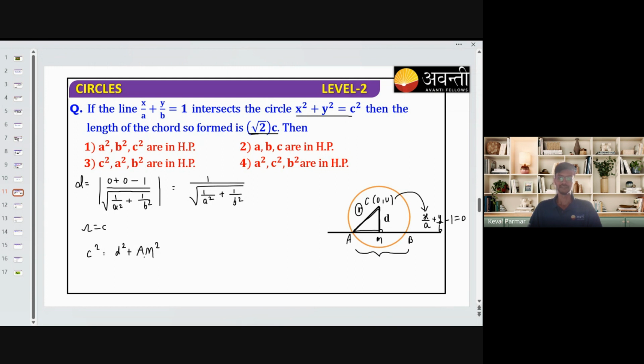Now please remember, if we get AM, we can get AB, because AB is 2 AM. I hope you remember the childhood formula: a perpendicular drop from the center to the chord bisects the chord. So c square minus d square, where d square is 1 upon a square plus 1 upon b square, will be equal to AM square.